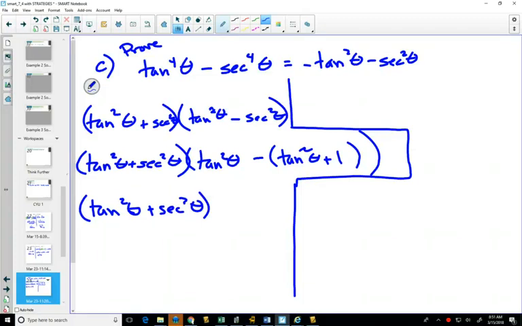Tan squared minus tan squared is going to be 0. And you're going to have to distribute that negative as well. So after simplifying this, this whole thing is going to be negative 1. And now if I multiply this by a negative 1, I get negative tan squared theta minus secant squared theta.